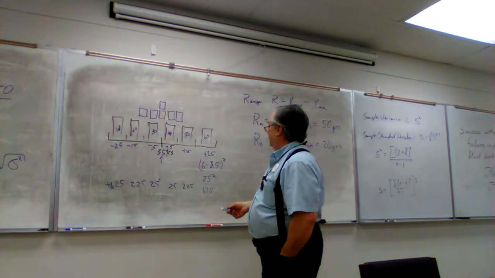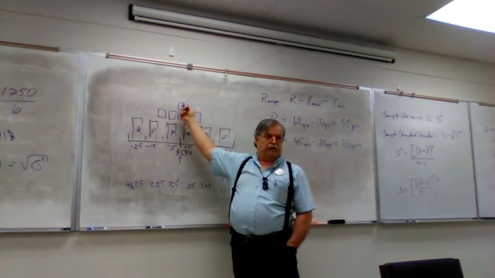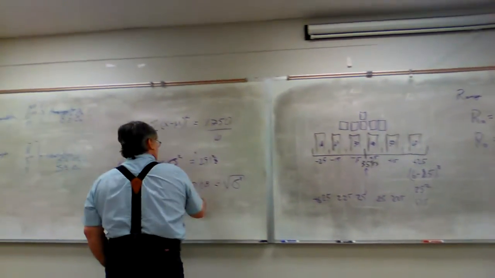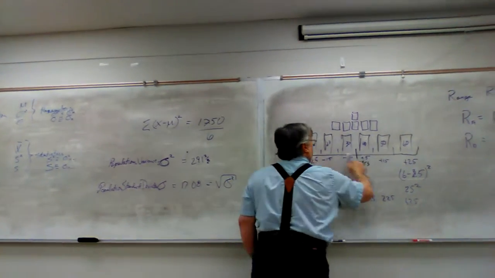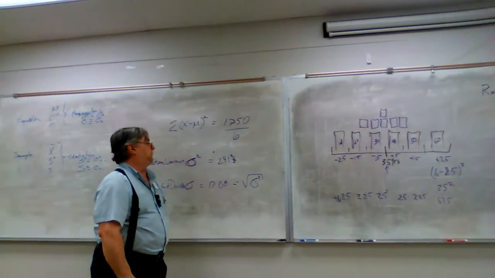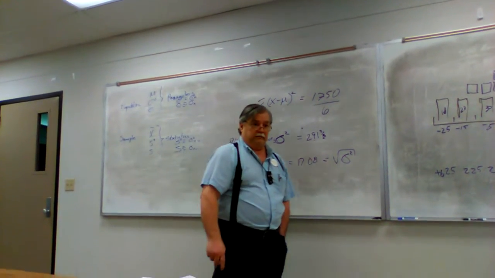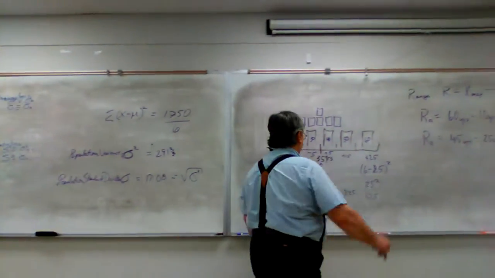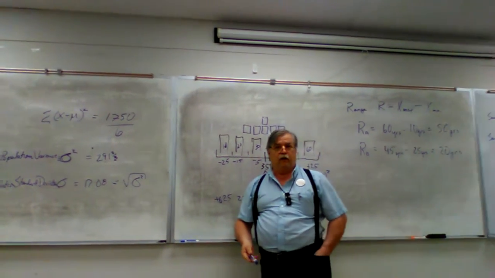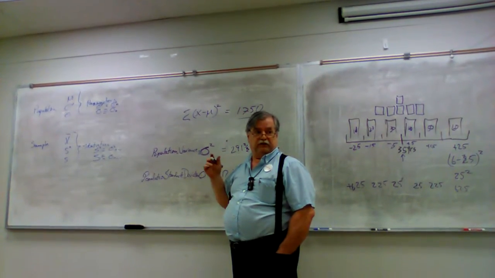For brand A, we calculated and found it had a variance of 291 2/3, or a standard deviation of 17.08. We could also calculate the standard deviation of the other one, and we would find that it was significantly less than 17.08.